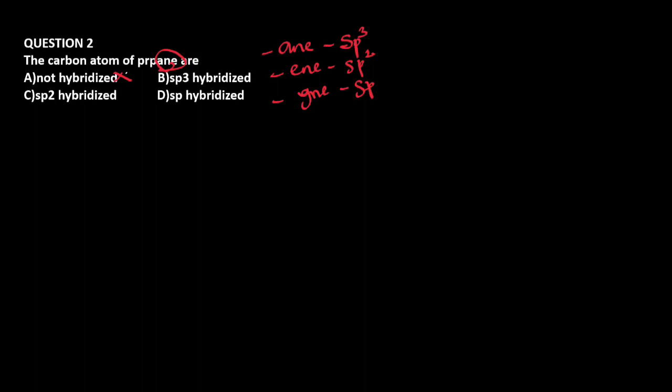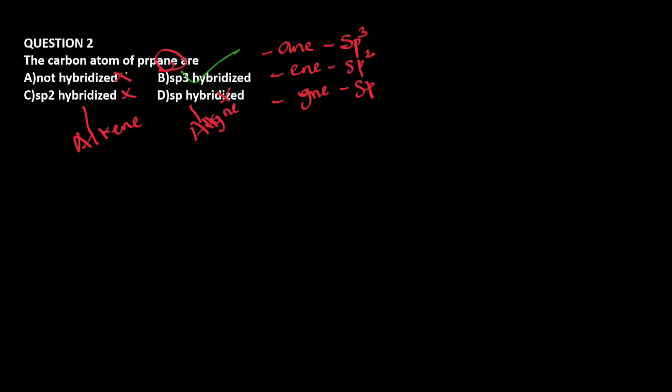Not sp3. sp2 hybridized, no, that's for alkene. That's for alkene. Have you forgotten? What of D? No, that's for alkyne. So this is wrong too. So it has to be this. This is correct. As simple as that.